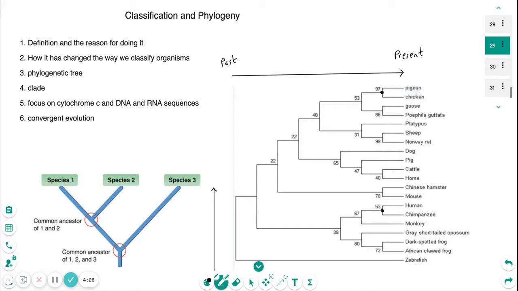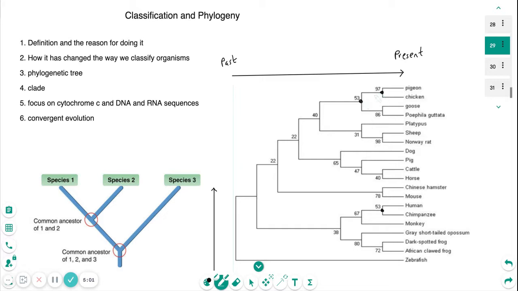And although the pigeon and the goose, they've got some similarities, not as much as the chicken, because the pigeon and the goose do not share a direct ancestor. We have to go further back, not here, but all the way back here. And if you're going back, and these are called nodes, by the way, as you go further back to the next node, you're going further and further back in time.